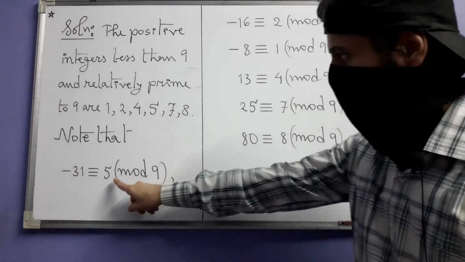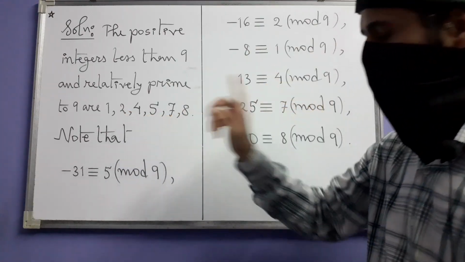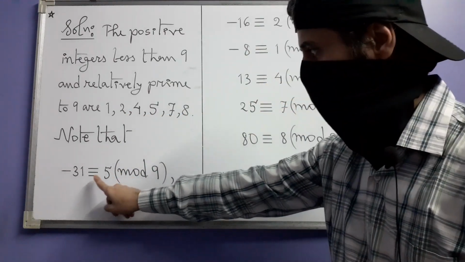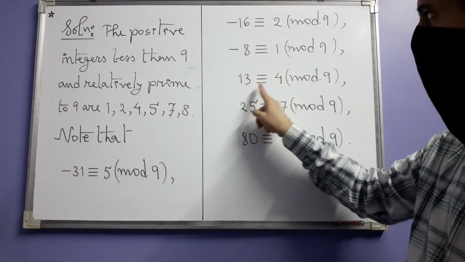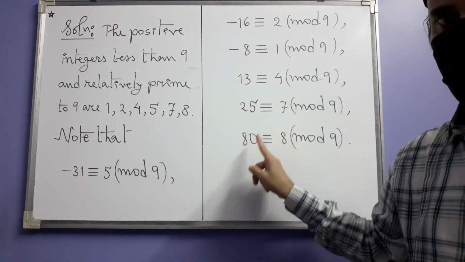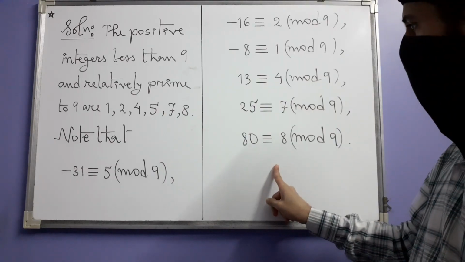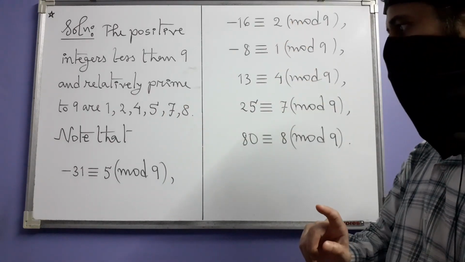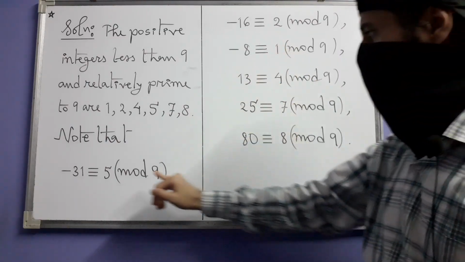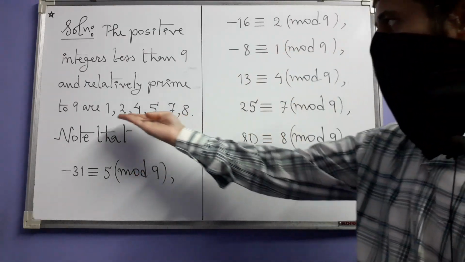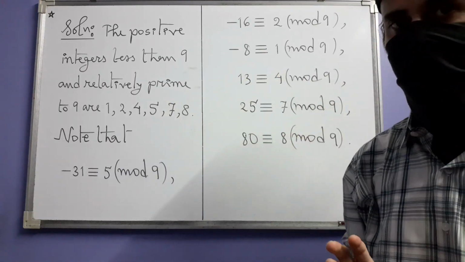You find that they reduce to just these numbers: minus 31 to 5, minus 16 to 2, minus 8 to 1, 13 to 4, 25 to 7 and 80 to 8. And these are just these numbers in some order: 1, 2, 4, 5, 7, 8.